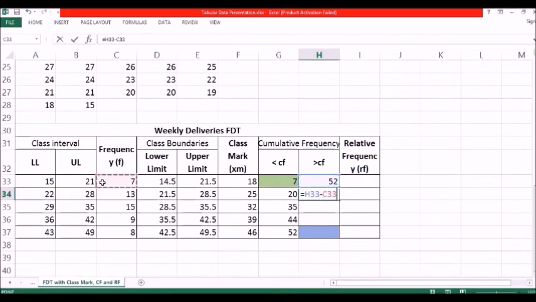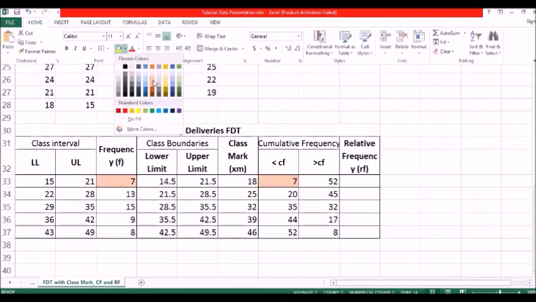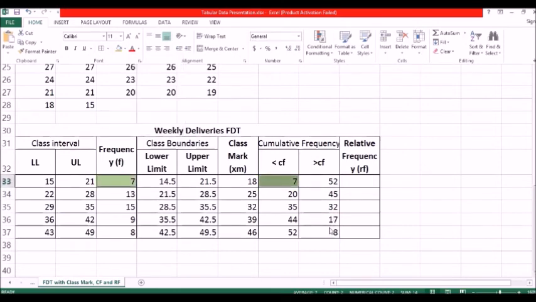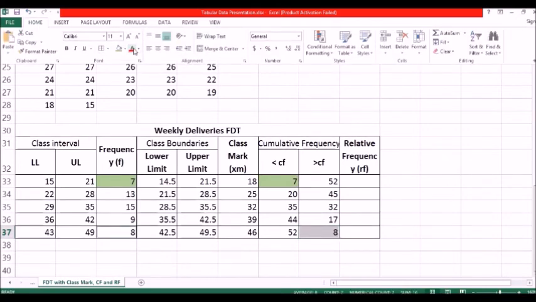Syempre, pag nabawas yun, matitira na lang yun yung sa greater than 21.5. So, kaya ulit ganun ang ginawa ko para pwede ko siyang i-double click. Ayan. So, again, mapapansin nyo, parehas po sila ng magiging part dito, yan. And ito naman, kaparehas dito. So, ibahin natin yung kulay.